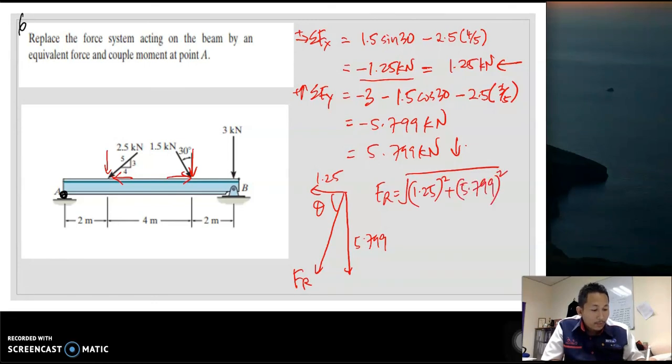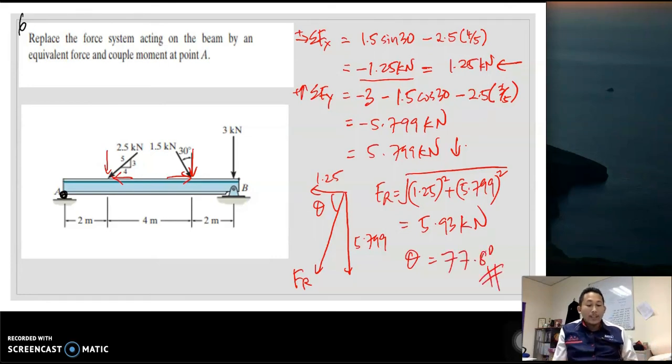Okay, if you want to put negative also again, because negative squared will be the positive answer also. So Fr is equal to 5.93 kilonewton, while the theta is equal to 77.8 degree. Okay, so that is the equivalent force.